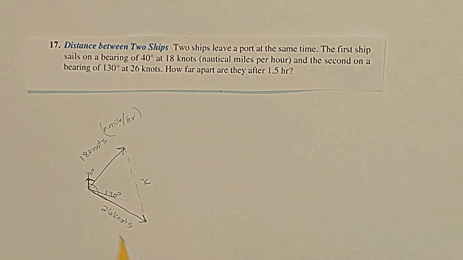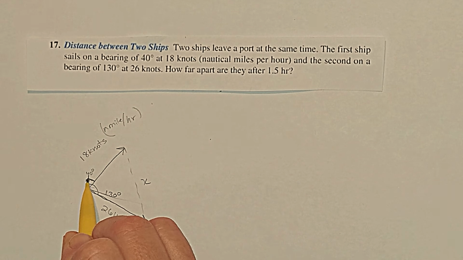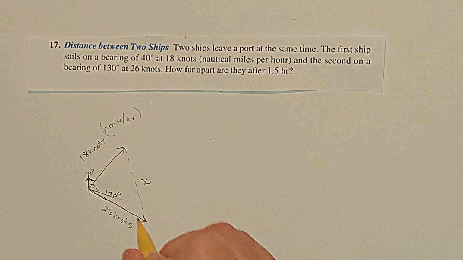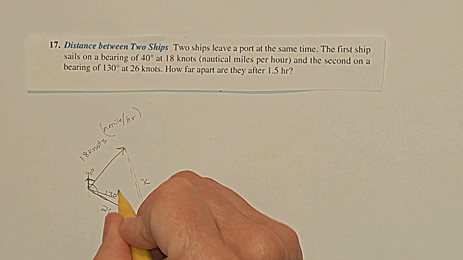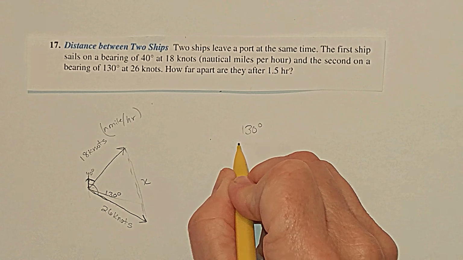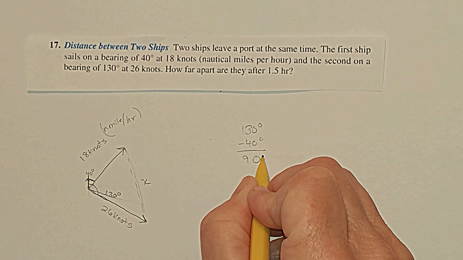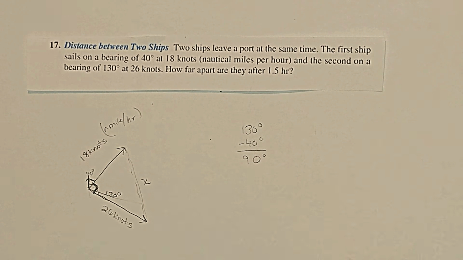Well, if this direction is 130 and this direction is 40, then this angle right here of the triangle that's formed is 130 minus 40, which is going to give us 90 degrees. So we find out that this triangle is a right triangle. That is good news for us because we know how to handle right triangles.